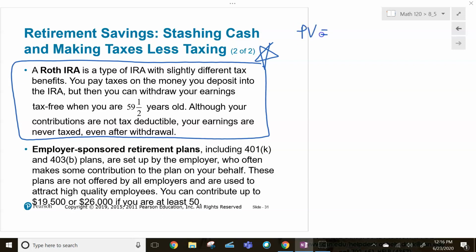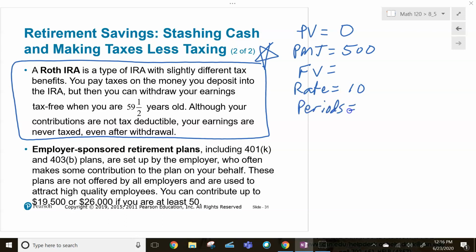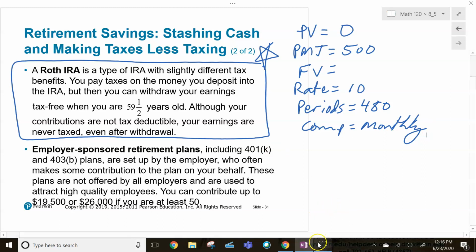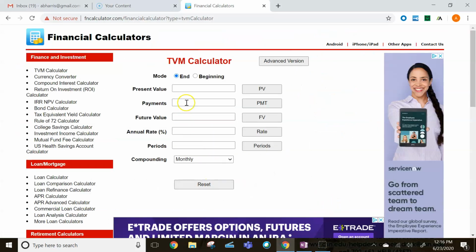Let's say, for example, you start with nothing, but you make a payment of $500 a month so that you're maxing it out. How much would you have at a rate of 10% if you did this for 40 years? Well, let's do it. $500, 10%, starting with nothing up front, $500 a month.